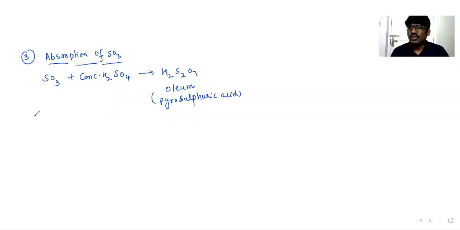Here, one point needs to be understood by everyone. Most people commonly misconceive that SO3 reacts with H2O to give H2SO4, like how we did it in Ostwald's process for manufacture of nitric acid. That cannot be done here.